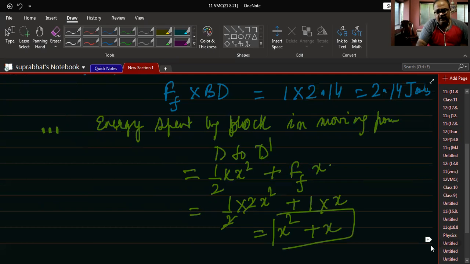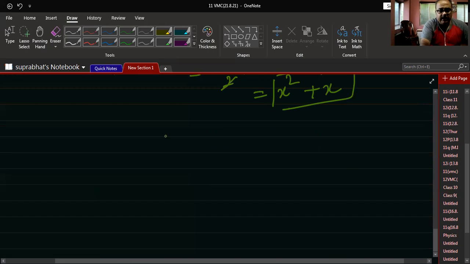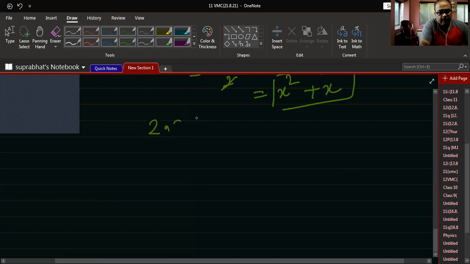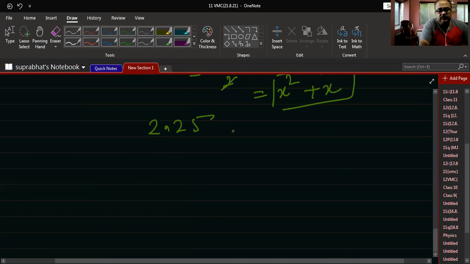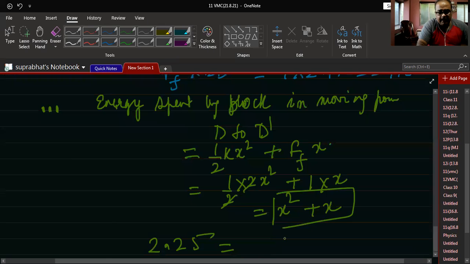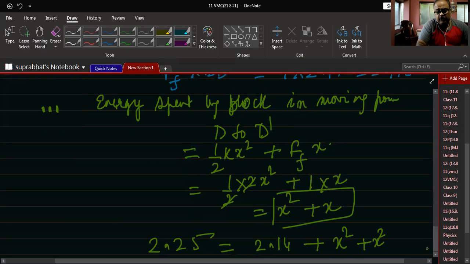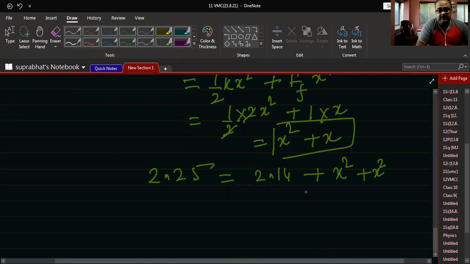So children, what can we say? The block has started its journey with an energy of 2.25. This energy is spent first in moving from B to D, which we have already found out to be 2.14, and the remaining is used up in overcoming the friction and the potential energy in order to compress the spring.